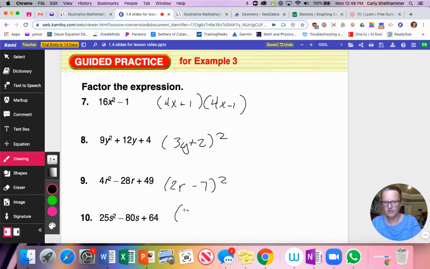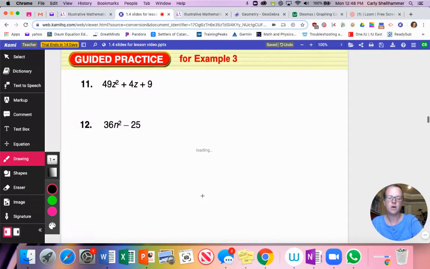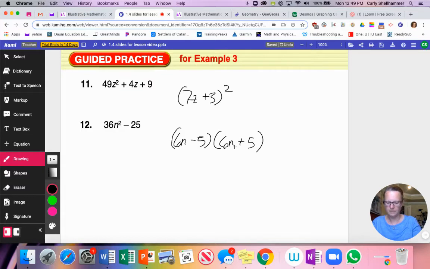Perfect square trinomial, 5s minus 8 quantity squared. You can always pause this video if I'm going too fast to write things down, right? 7z is another perfect square trinomial. And the difference of perfect squares, 6n minus 5, 6n plus 5. Perfect.